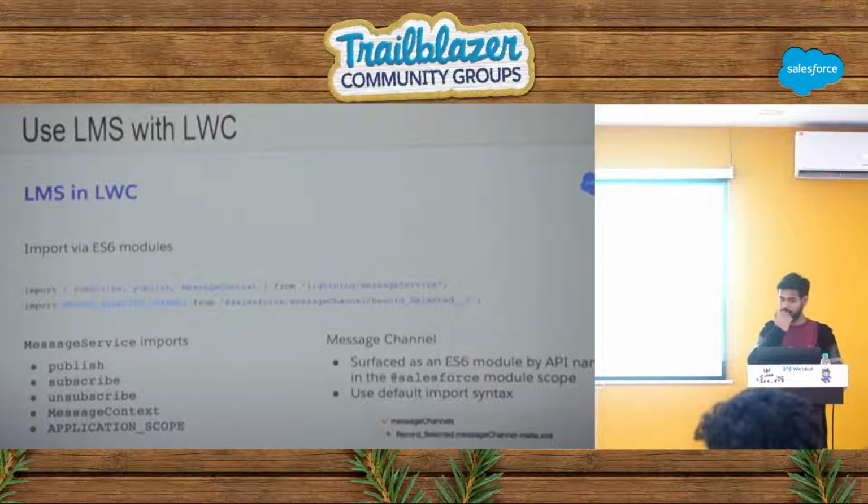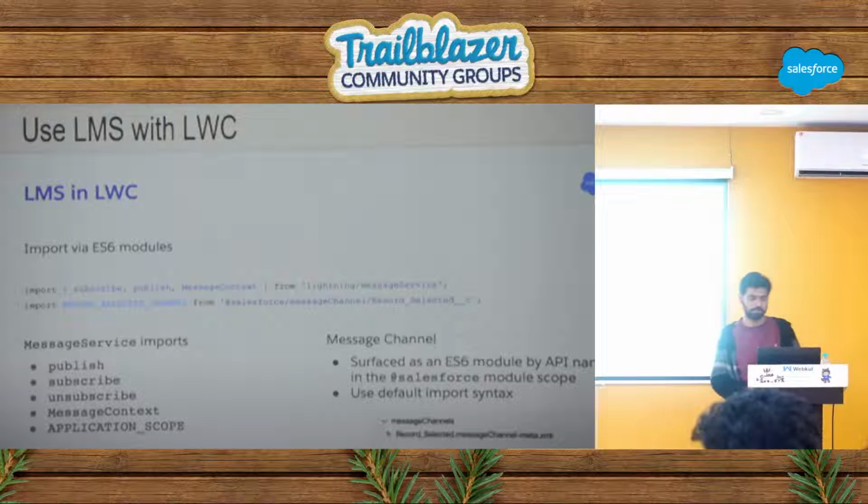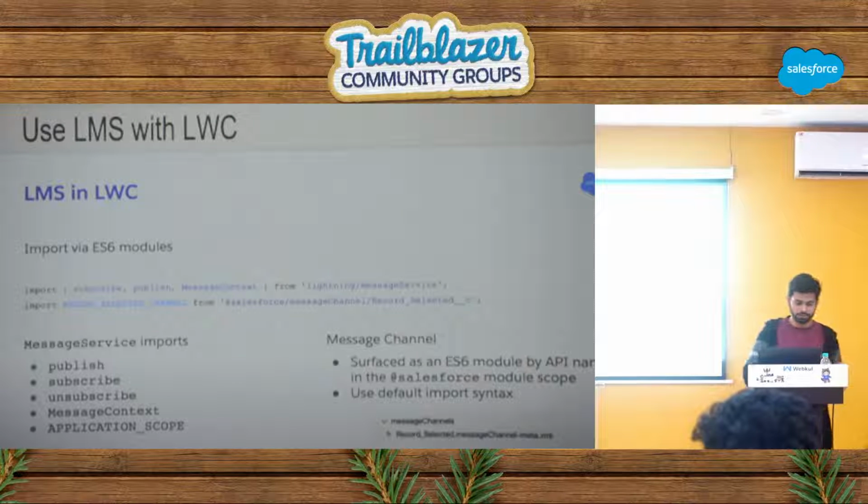Now let's see how we can use Lightning message service inside the LWC. To use that, first we have to import the Lightning message channel that we recently created into the LWC component. Then we have to import the APIs like subscribe, publish, MessageContext, and createMessageContext through the lightning/messageService module.